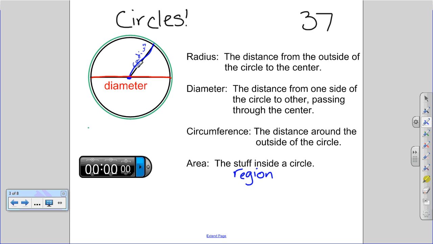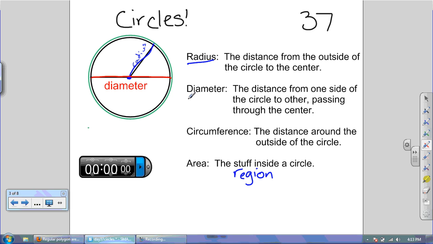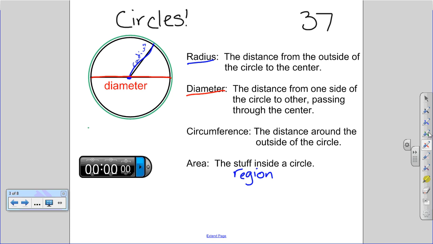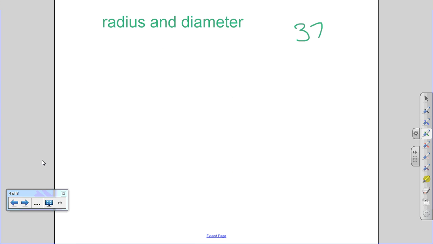So here are the 4 parts: radius in blue, diameter in red, and our green circumference. Alright, so that's all you need to know. All these 4 parts.